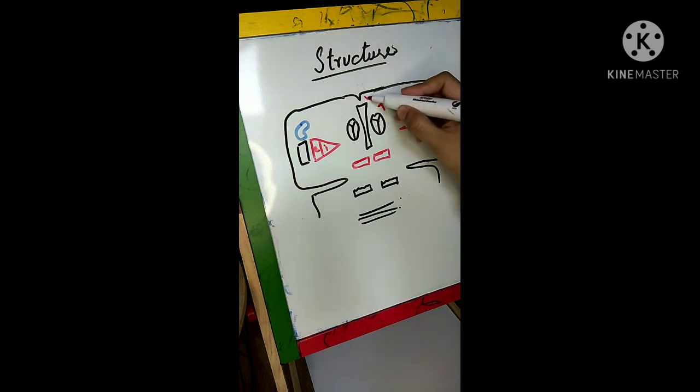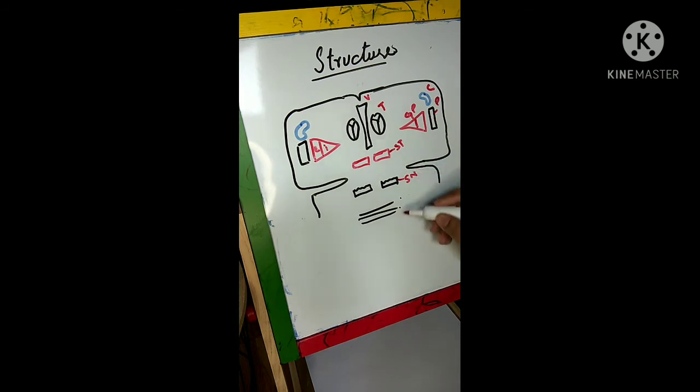So I'm just highlighting these: thalamus, ventricle, caudate, globus pallidus, putamen, subthalamus, substantia nigra, and ventral tegmental nucleus. Substantia nigra has two parts, zona compacta and zona reticulata. And we have ventral tegmental nucleus.